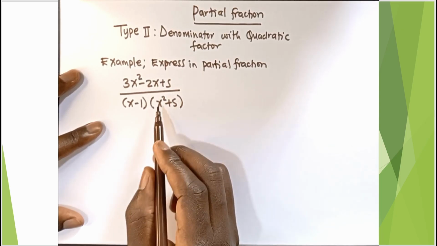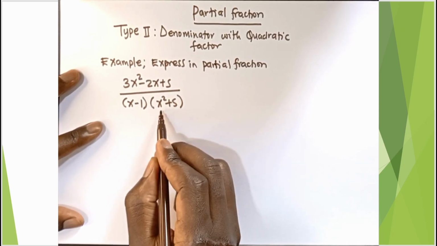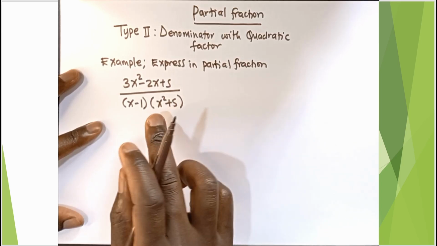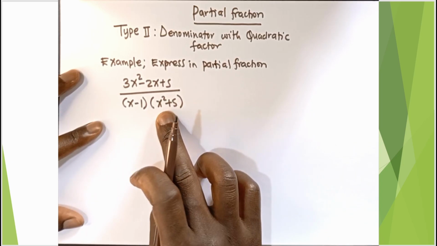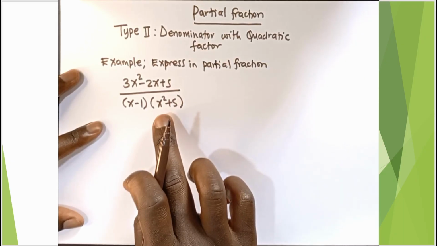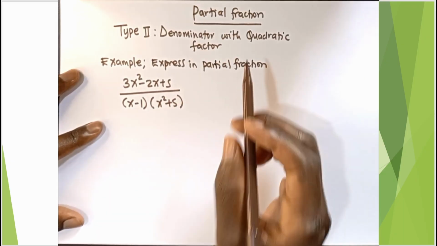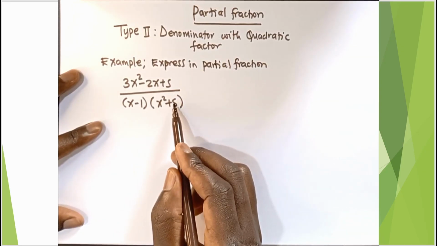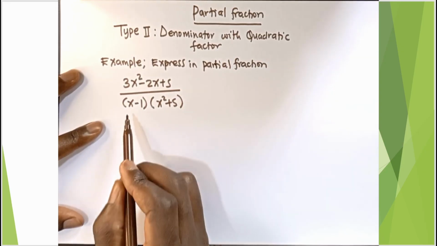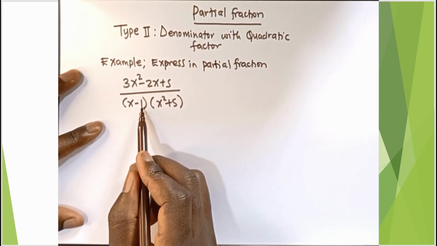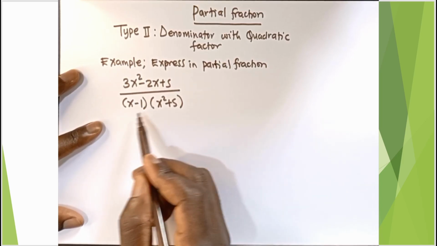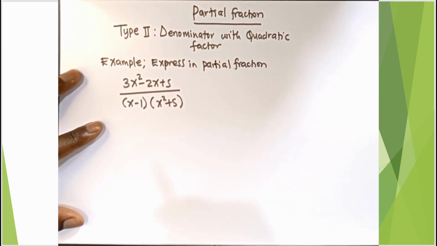So if you can't factorize this quadratic expression in the denominator, or get its real roots, it means that is a quadratic factor. For example, you can't get real roots for x squared plus 5. However, this one, x minus 1, is a linear factor, so it goes into the other category.